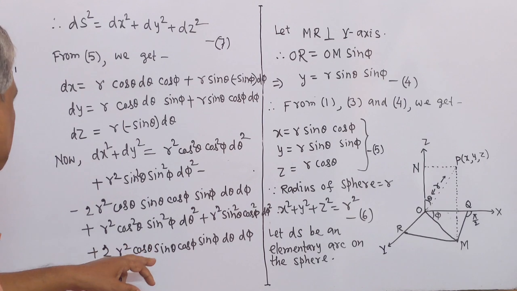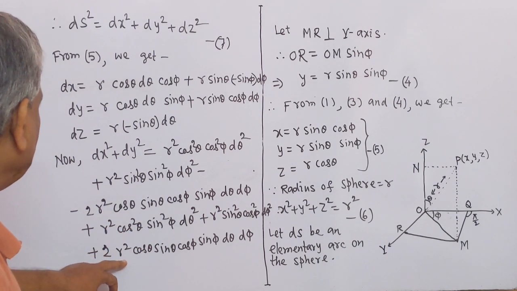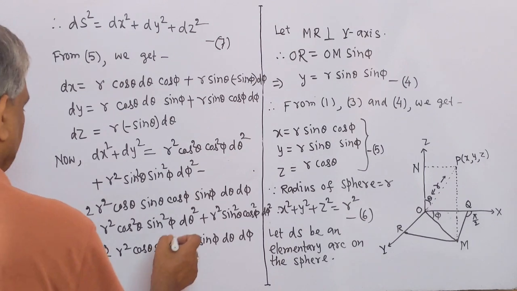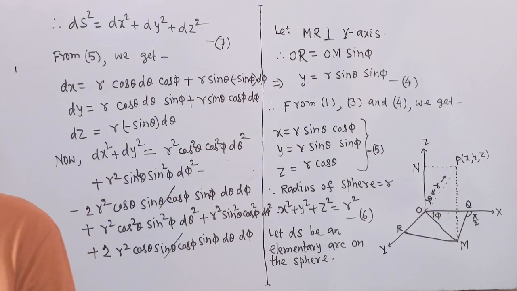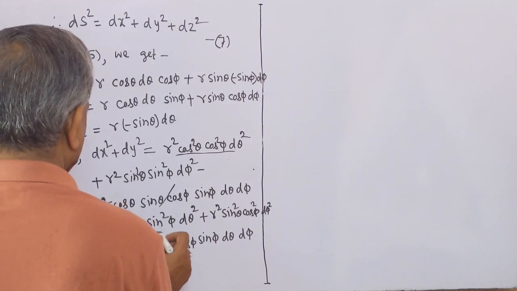Here we see that this is minus and this is plus. They cancel.